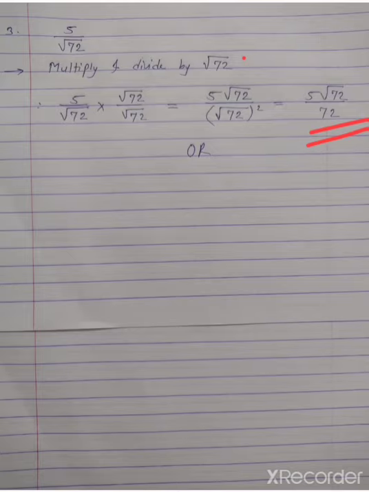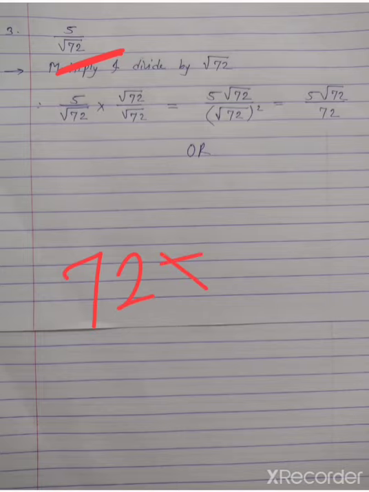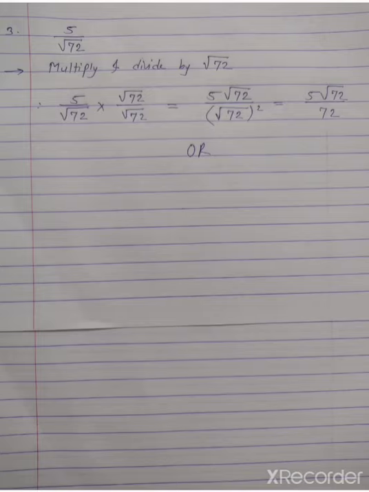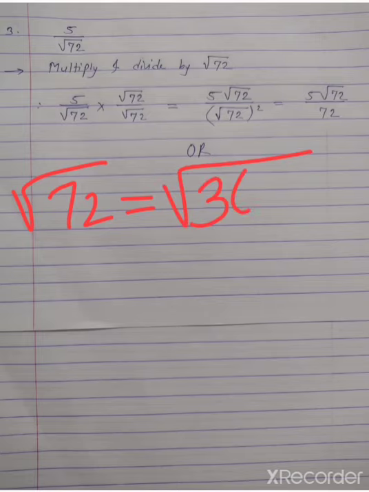Otherwise you can use one more rationalizing factor. Just observe this 72 and try to find its factors. Is it factorized in the form of a square number? Yes, you can use 36 into 2 to make 72. So I am simplifying this root 72. Root 72 can be written in the form of a square number as root of 36 into 2, which is equal to 6 root 2.